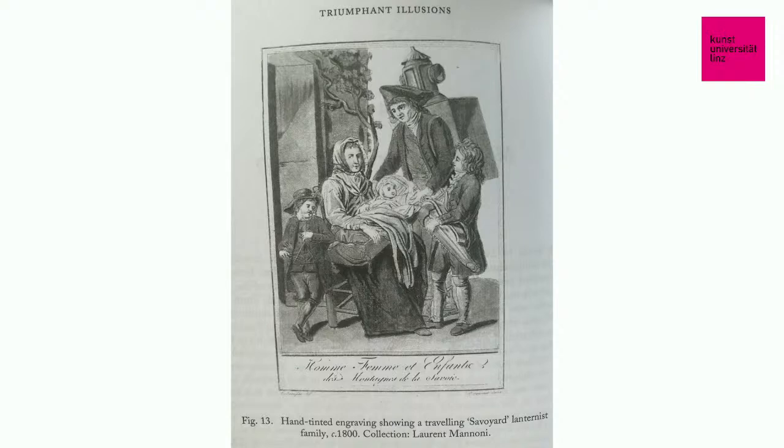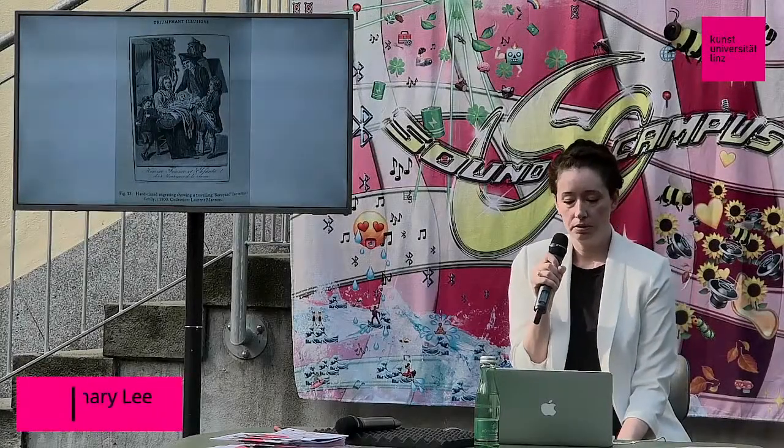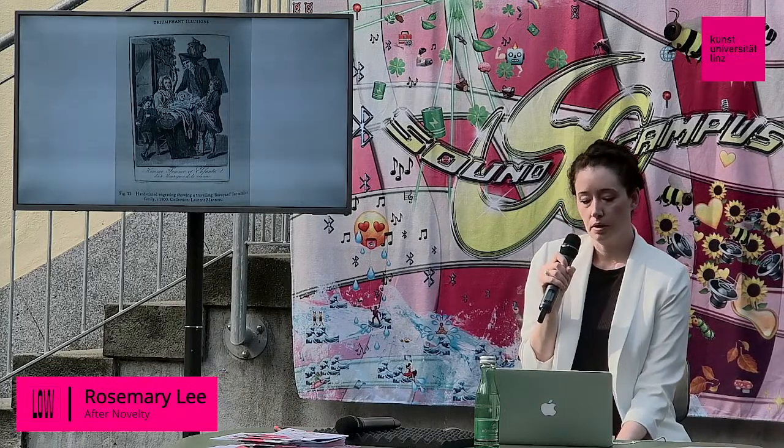So to give this a bit of context, according to Manoni, projections and optical toys created a new trade. The peddler or showman, traveling with a magic lantern or peep show, often on their back. It was the trade of paupers, generating miserably low earnings.